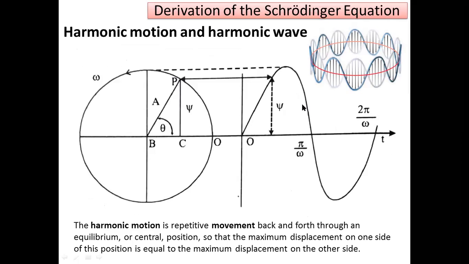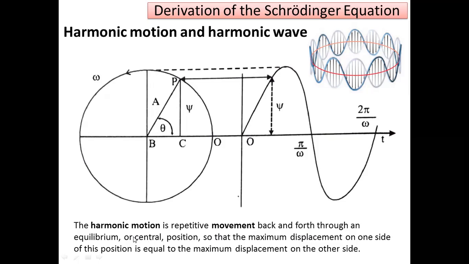So first, this is the angular movement of the electron in a shell. This is the center part. Let's suppose P is the particle, and it is considered as harmonic motion, and this is the harmonic wave. And what is harmonic motion?